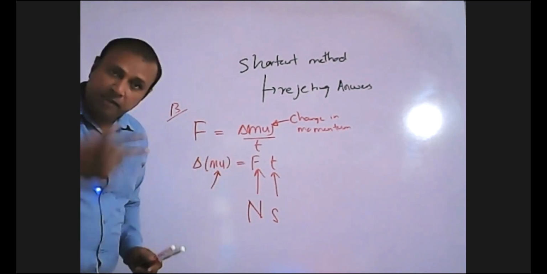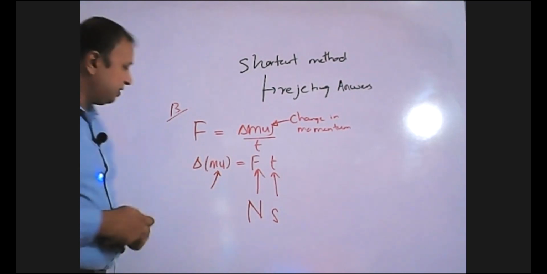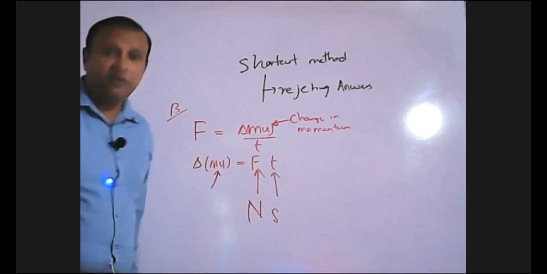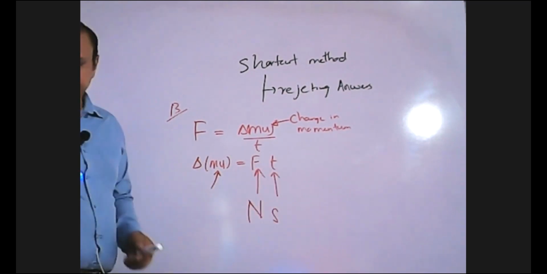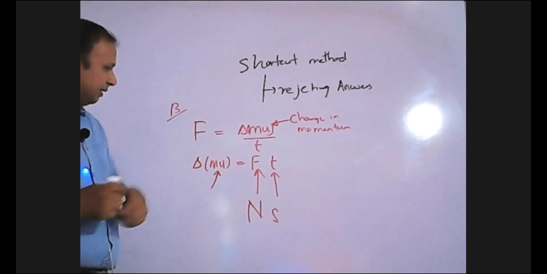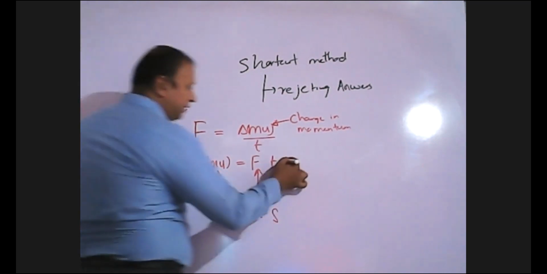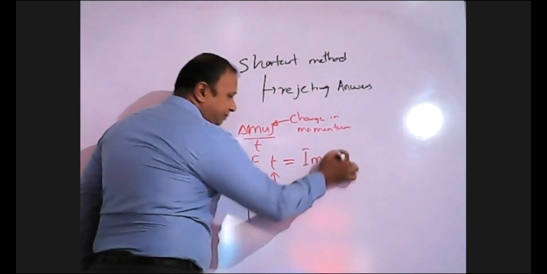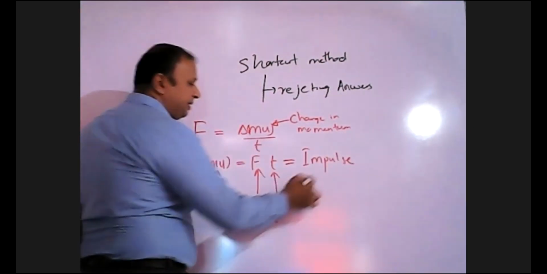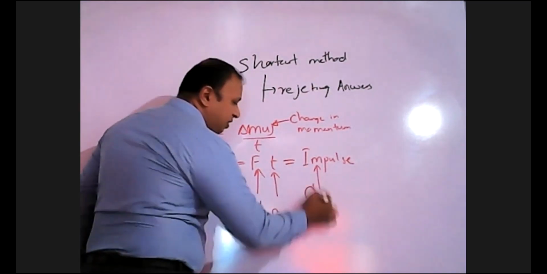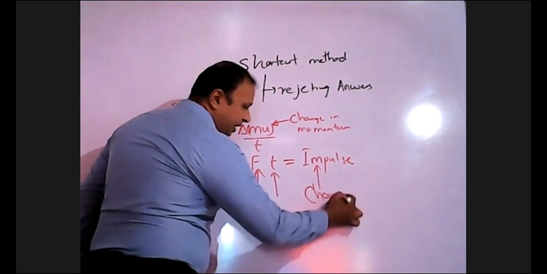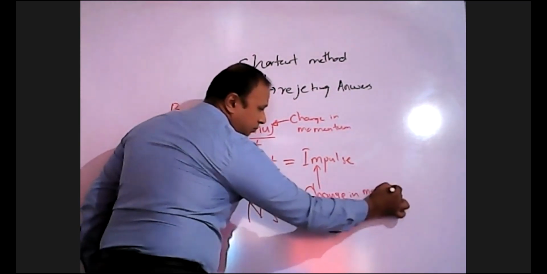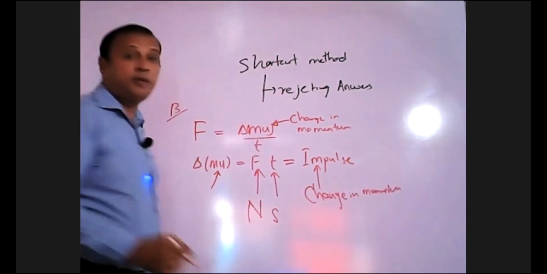Change in momentum is a momentum, no. So momentum is equal to F times t. And it is equal to impulse. Impulse means change in momentum.